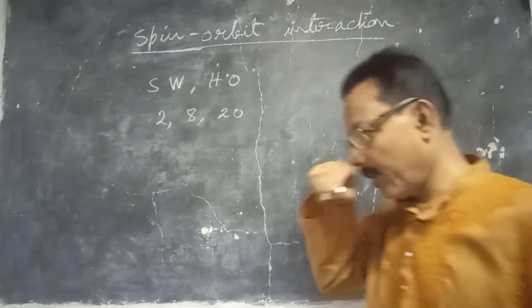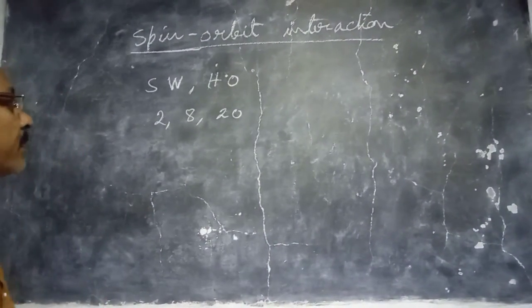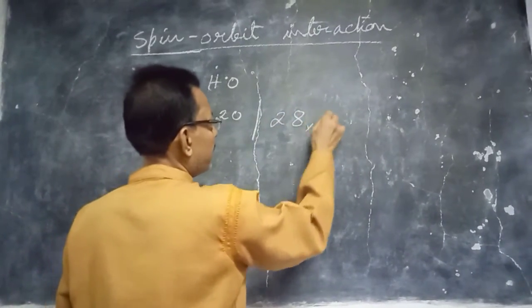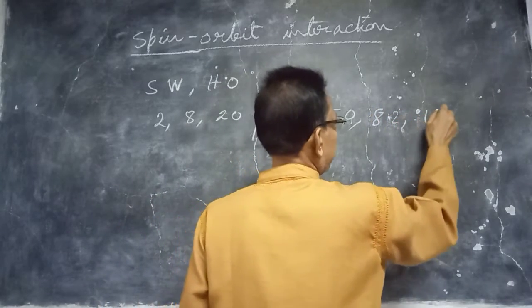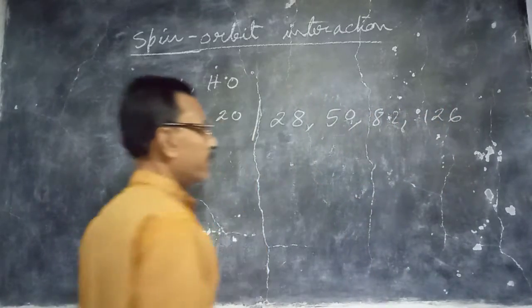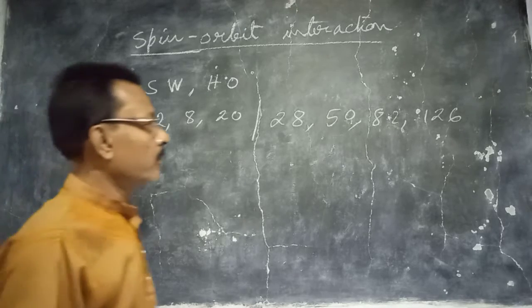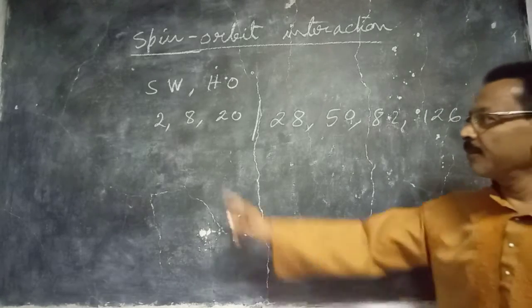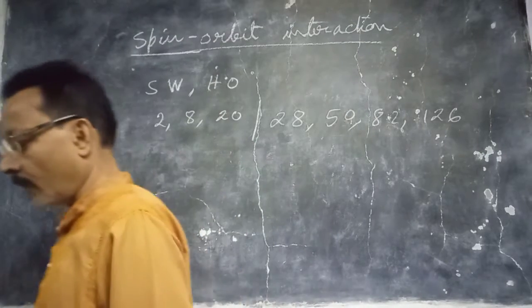Now to reproduce the rest of the magic numbers, that is 28, 50, 82 and 126, for N or Z, the spin orbit interaction is included with the central potential.